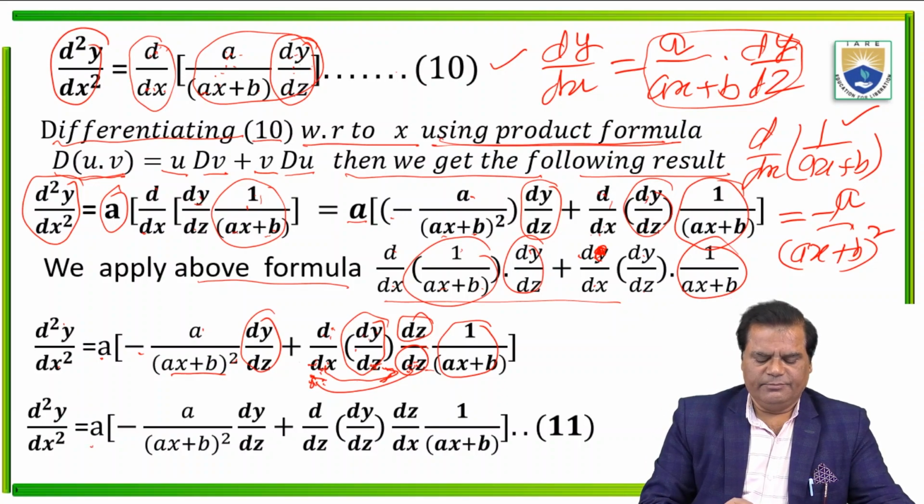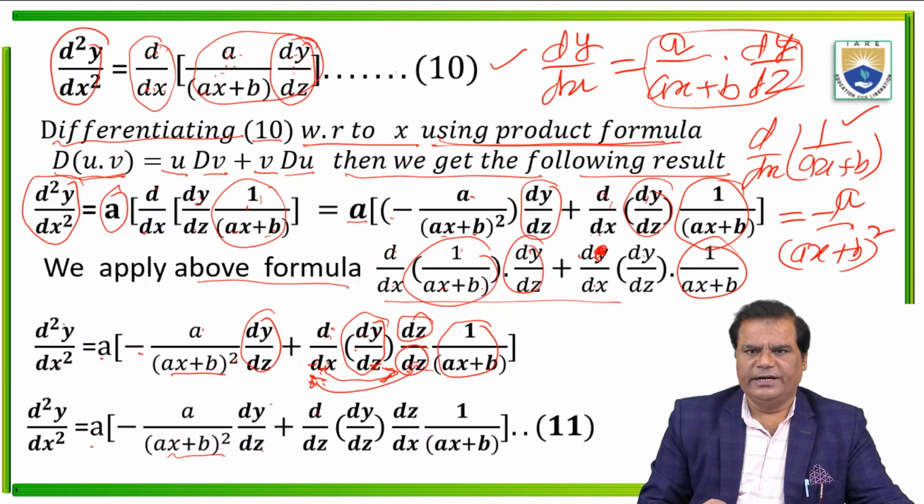So we have minus a upon (ax plus b) whole square dy over dz plus d over dz of dy over dz and dz over dx, which is 1 upon ax plus b.